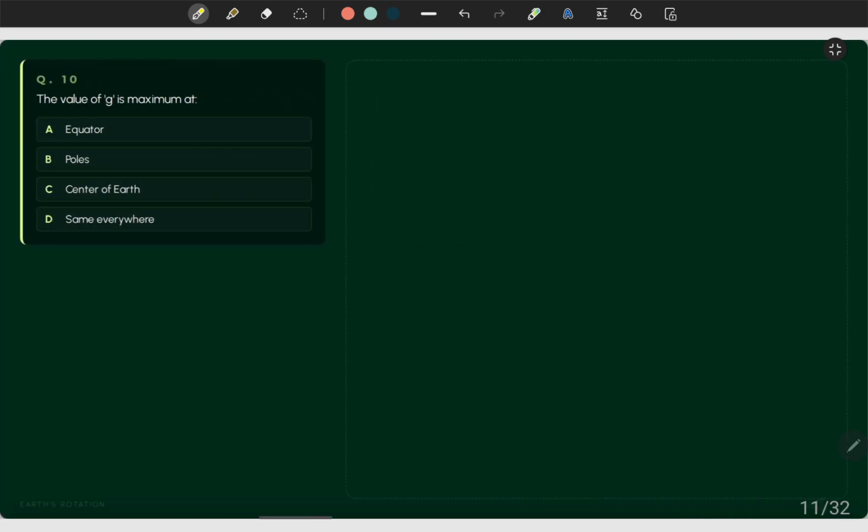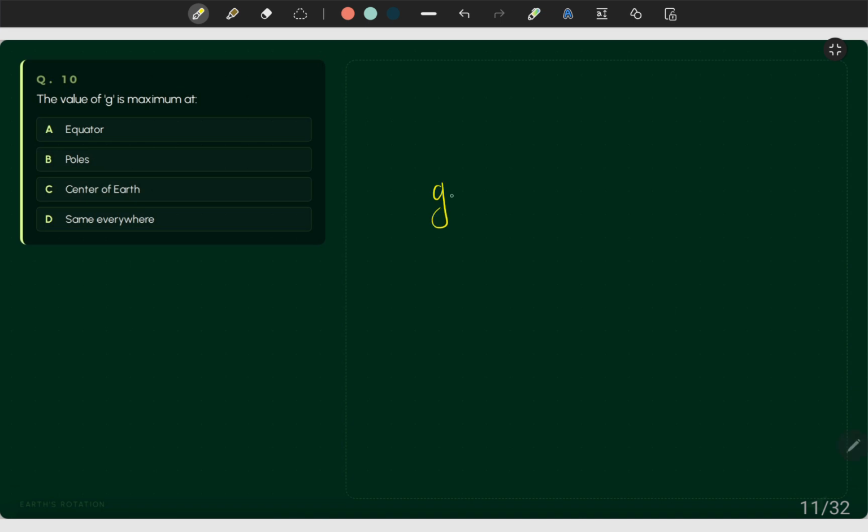Next question, the gravitational potential energy of a body of mass m at a distance r from the center of Earth is. So this is just a formula. Gravitational potential energy is minus GMm by r. So the correct answer is B. The value of g is maximum at.